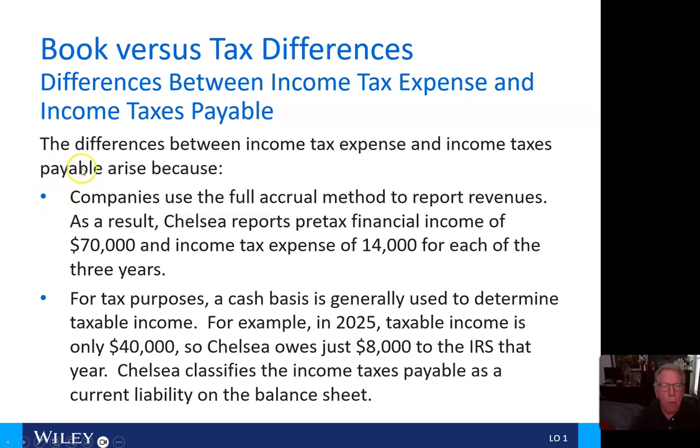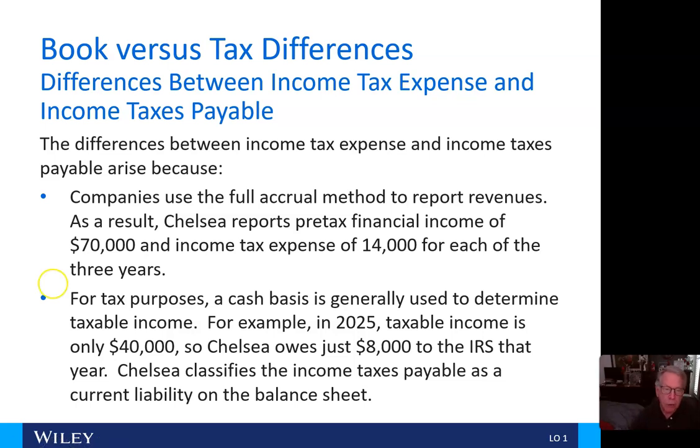Now, the differences between income tax expense and income taxes payable arise because companies use the full accrual method to report revenues. As a result, Chelsea is going to report pre-tax financial income of $70,000 and income tax expense of $14,000 for each of the 3 years. But for tax purposes, a cash basis is generally used to determine taxable income.